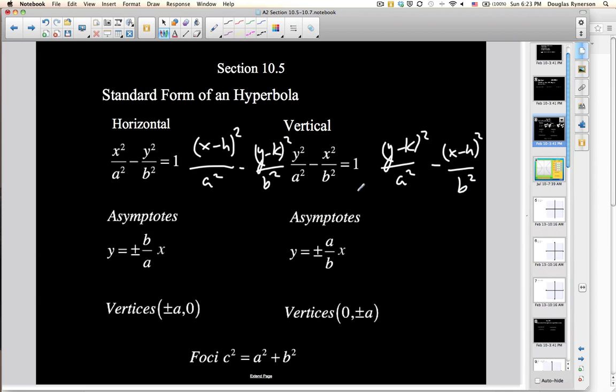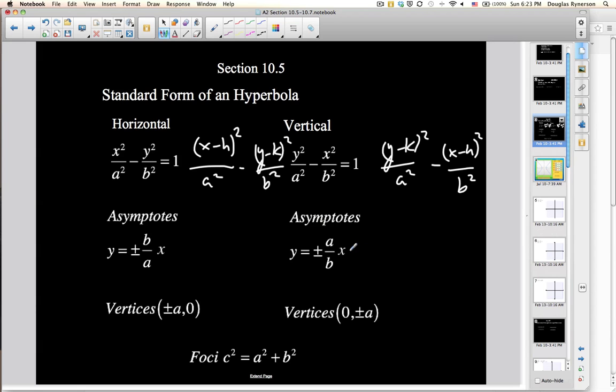So for the moment, we'll be working with these items, which are centered at 0, 0, and later we'll branch off into equations that are not centered at 0, 0. When it's not 0, 0, finding the equation for the asymptotes will be a little more complicated. However, I'll be showing you a trick to make that simpler for you.